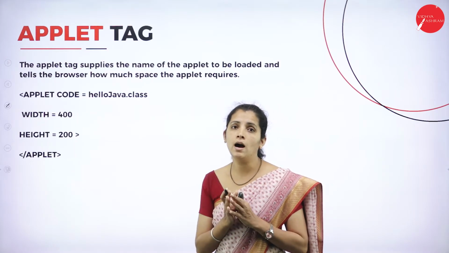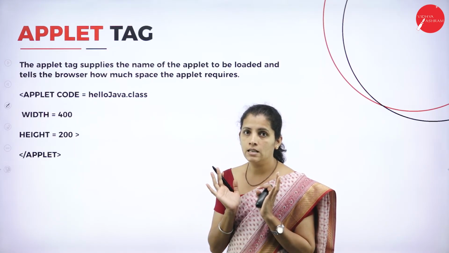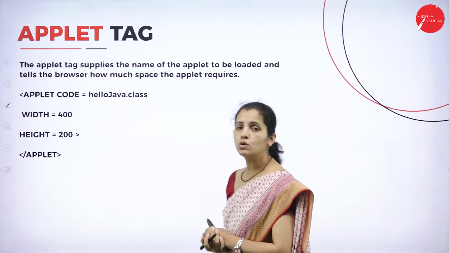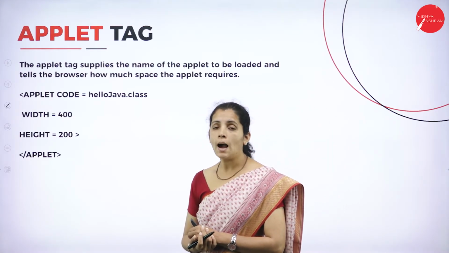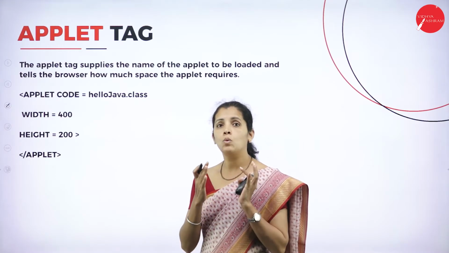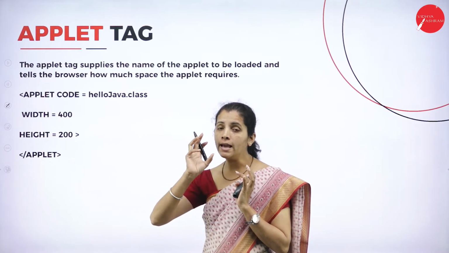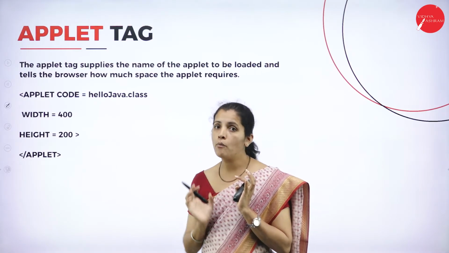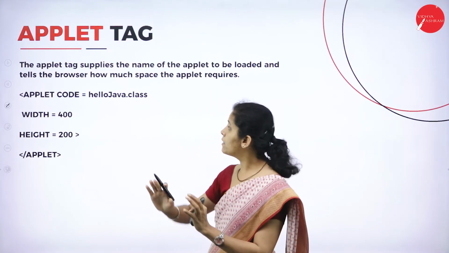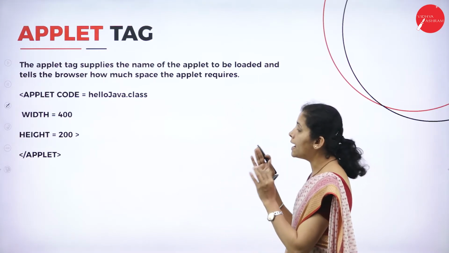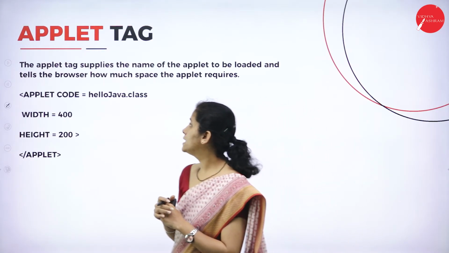This is all about the applet life cycle. Now moving further, I'm going to have the applet tag. As we know, applets are run only through the web browser. Now I'm going to place this applet in my web page. For that, I want to make use of HTML tags, and in that I'm going to have the applet tag.